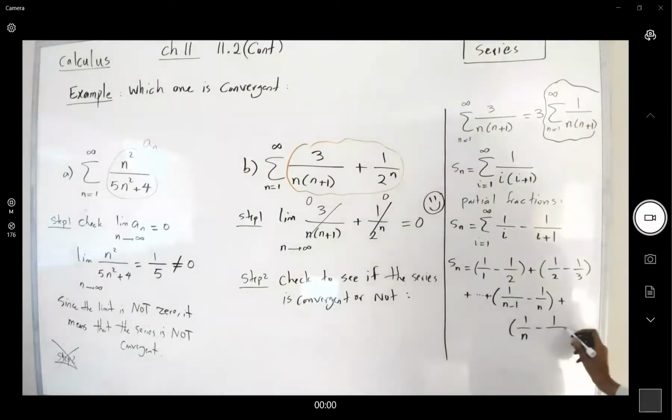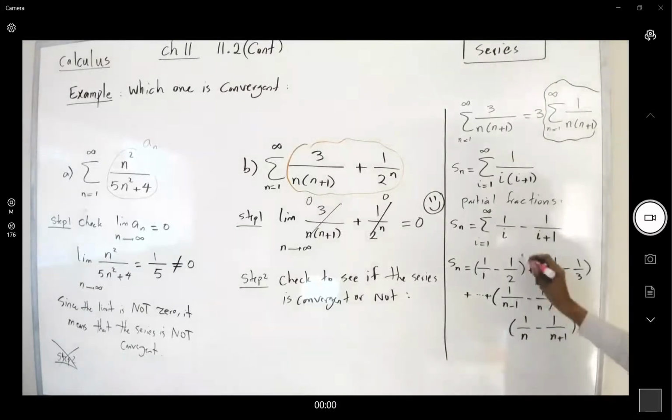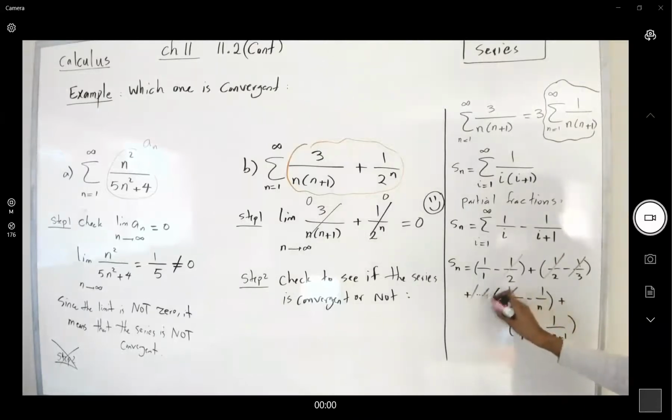As you can see, we can cancel out opposite terms: negative a half, negative a third, 1 over n minus 1 with the previous term, which is opposite, negative 1 over n and 1 over n. You're left with 1 minus 1 divided by n plus 1.